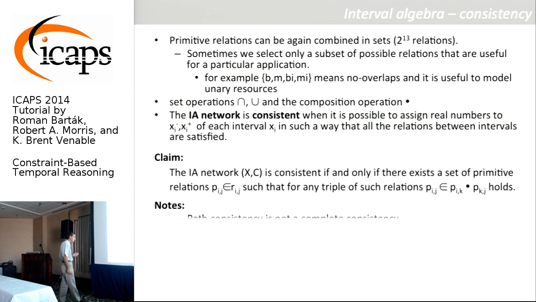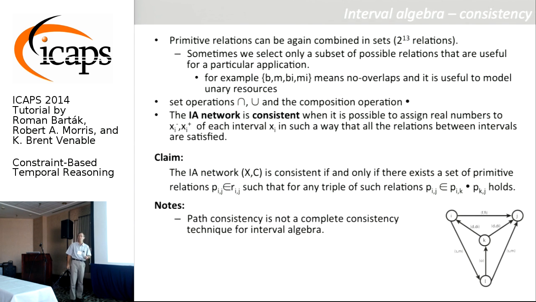Unfortunately, path consistency is no more a complete technique for verifying consistency of interval algebra. Meaning, if we apply the path consistency algorithm, it's the same algorithm like before, just the operations are different. And if we deduce that some relation is empty, we know the problem is not consistent.